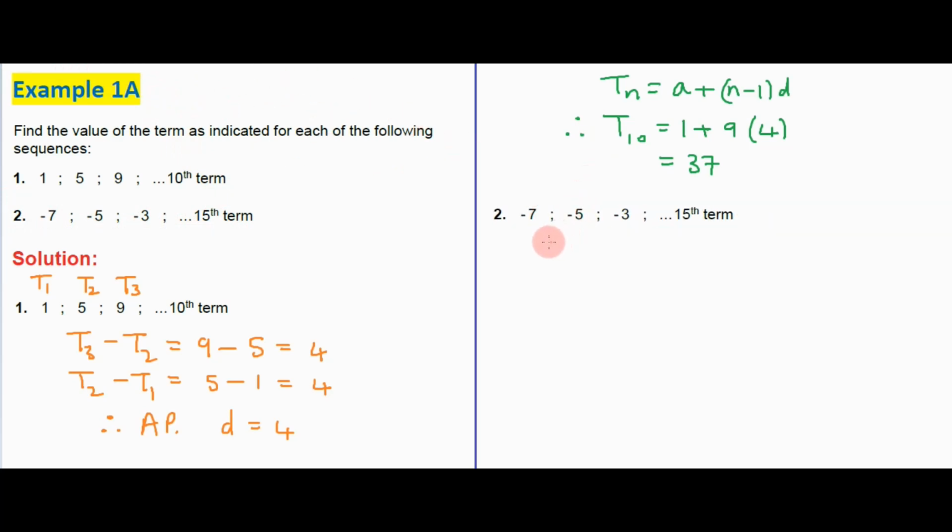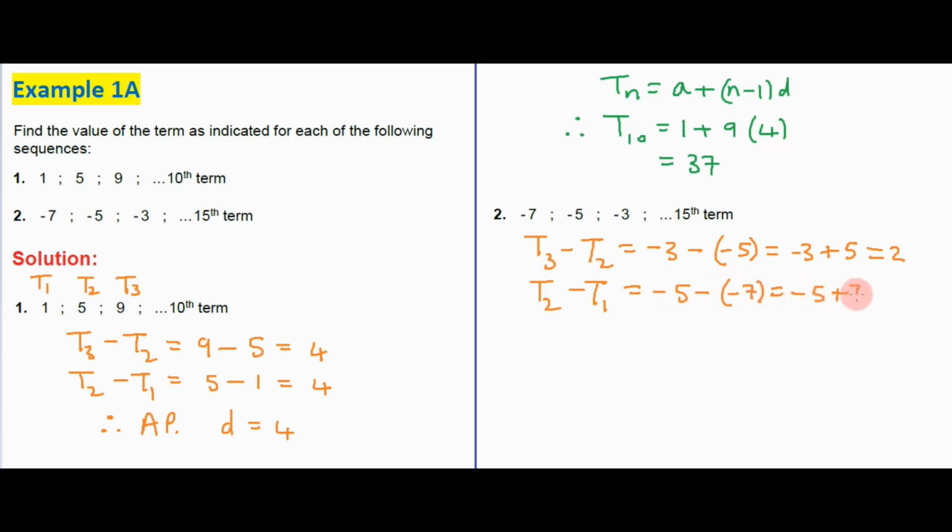Once again, we can start by checking that this is an AP. So term 3 less term 2 is negative 3 minus negative 5. And this is negative 3 plus 5, a minus times a minus being a plus. And this comes to 2. Then term 2 minus term 1 is negative 5 minus negative 7, which is negative 5 plus 7, which is also 2.